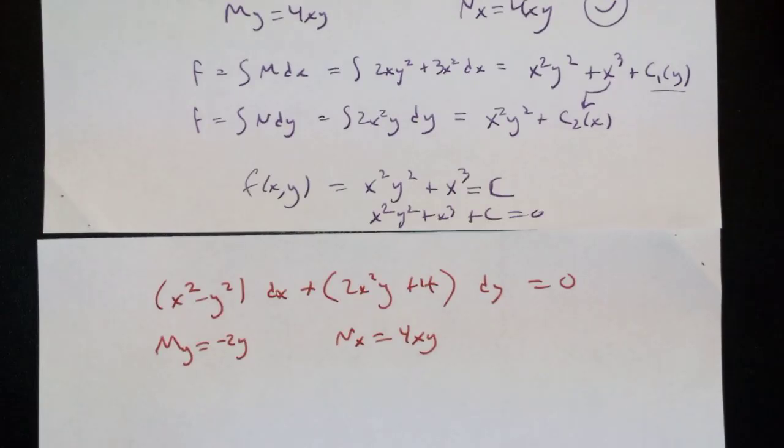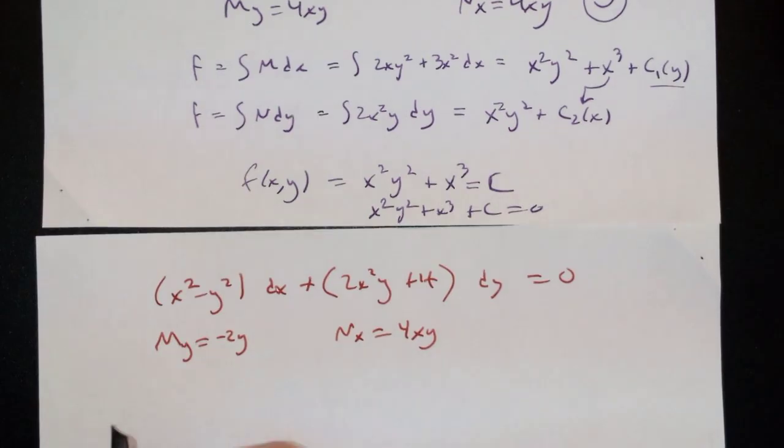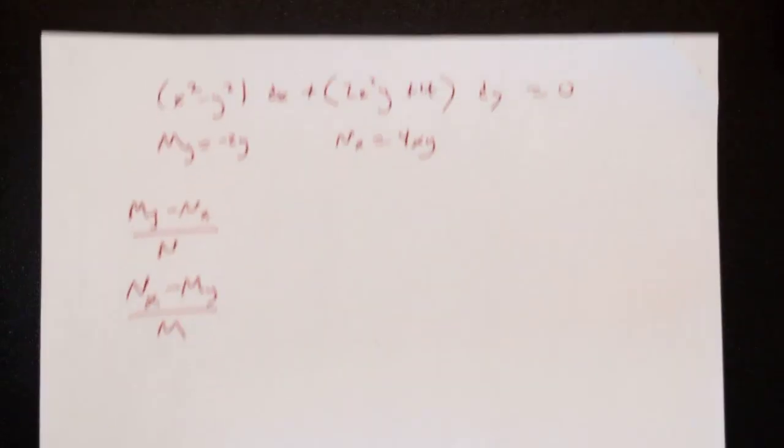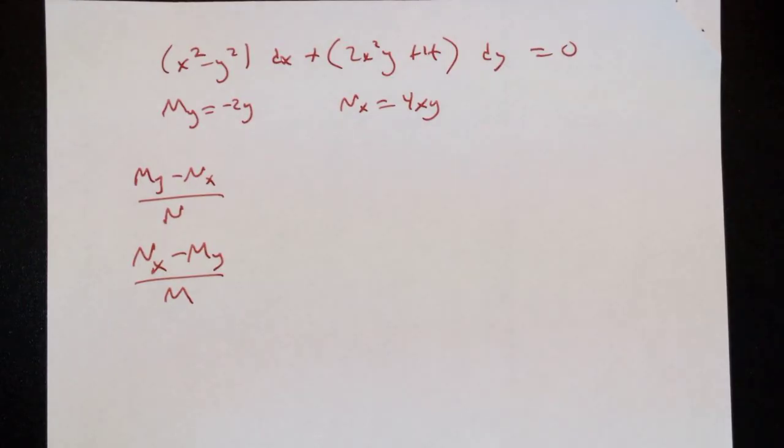Let's take a look at our two possible reactions. I have my minus nx over n, and I have the other way around, nx minus my over m. Those are the two possible, quote, simplified versions. Compute for me.